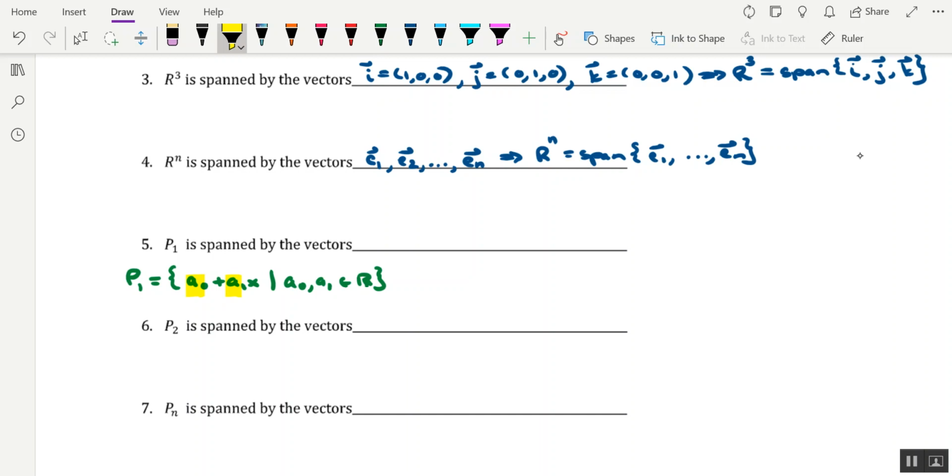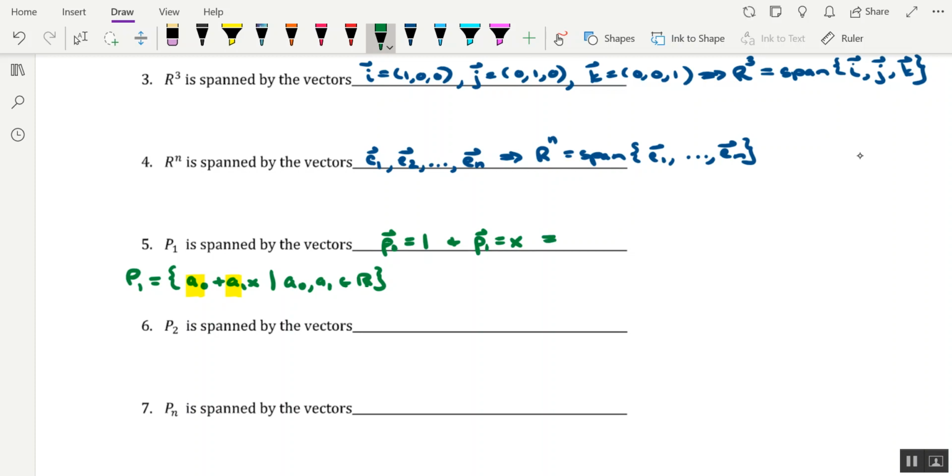I'll go ahead and write those out. The first polynomial that you would need to generate this set, we'll call it P sub 0, is the constant polynomial 1. And you would also need polynomials involving the variable x, and the most basic of those, which I'll call P sub 1, is the polynomial x.